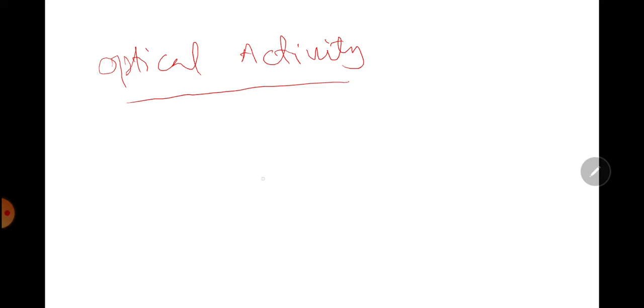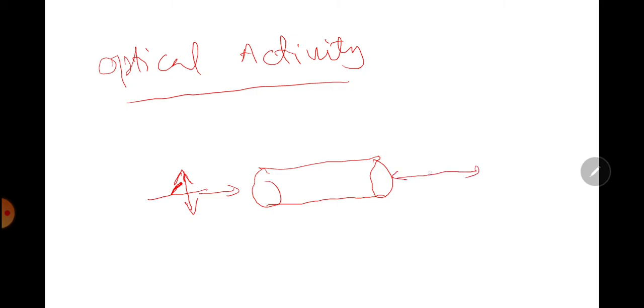For example, this is a glass of sugar solution, and you pass polarized light through this one. Let's say here this angle is 90, here the same line, this is the original direction.